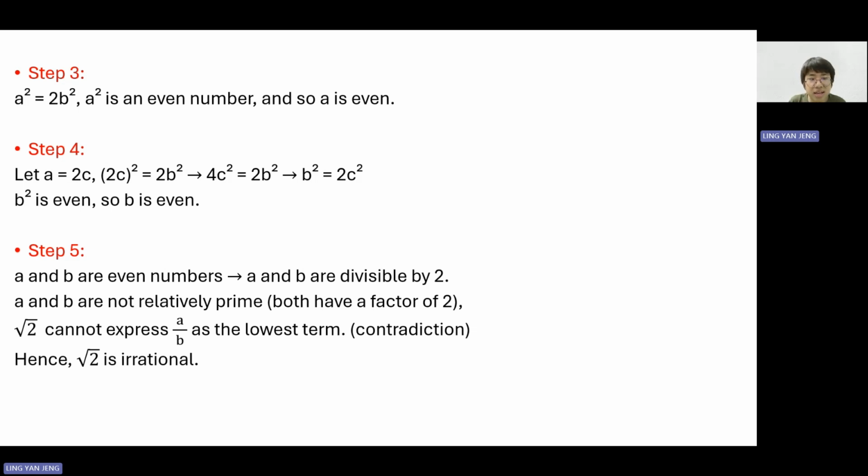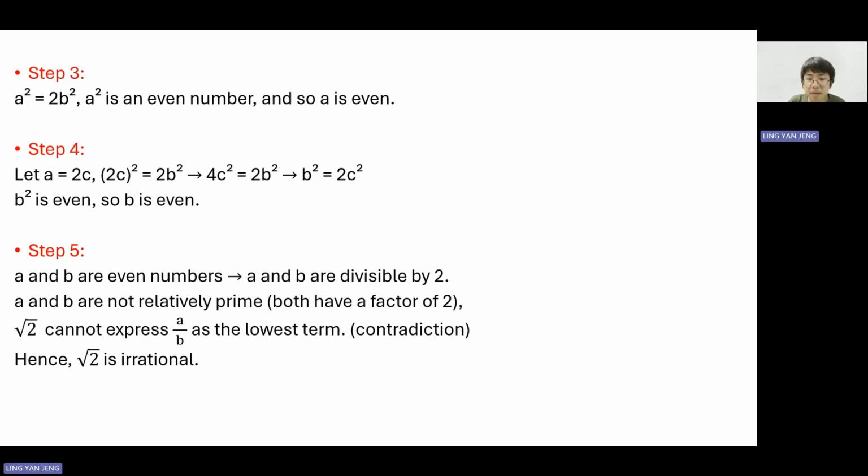Then we let a equal 2c. So the square of 2c equals 2b squared, and it becomes b squared equals 2c squared. Therefore, we know that b squared is even, and hence b is even, like I just said.